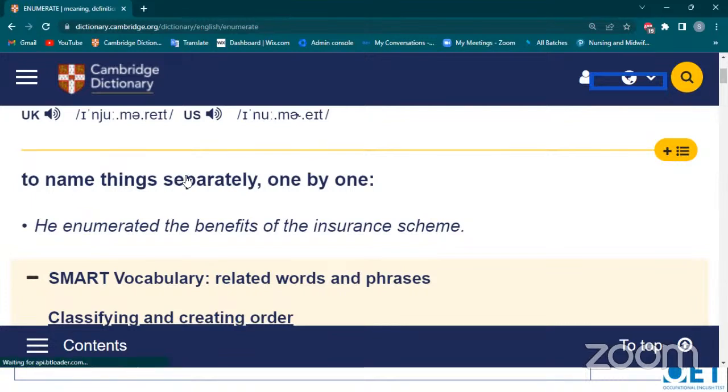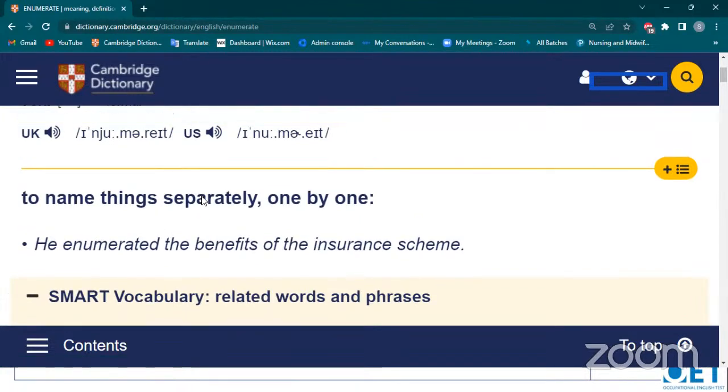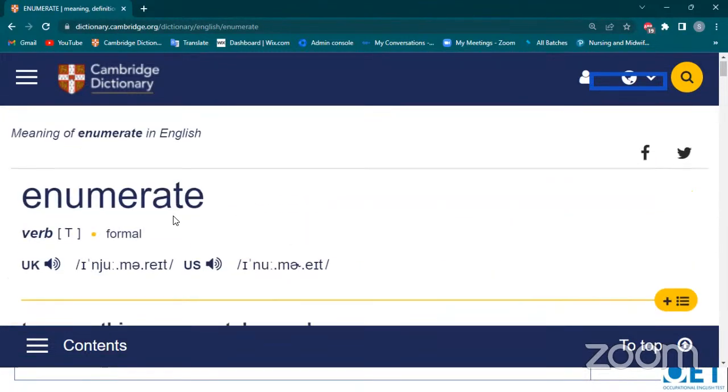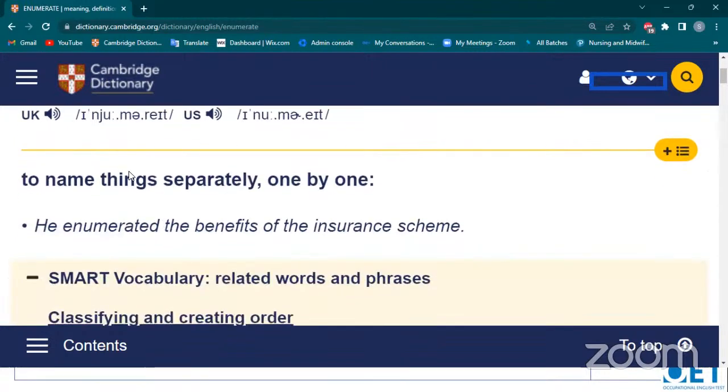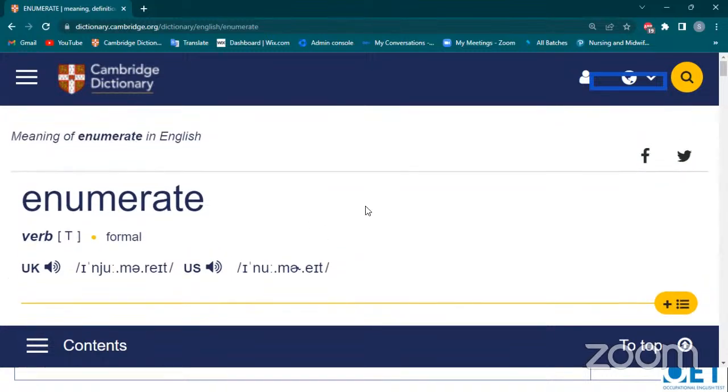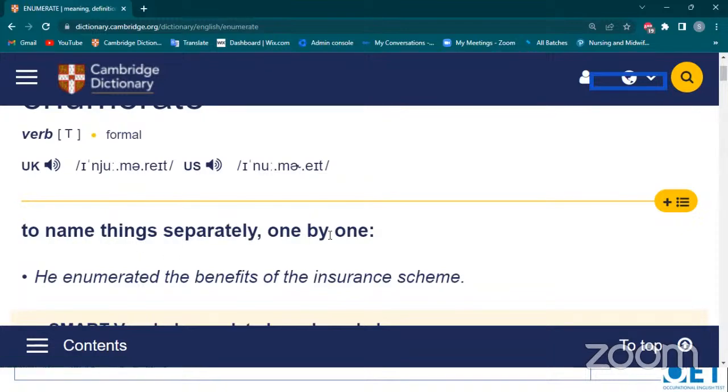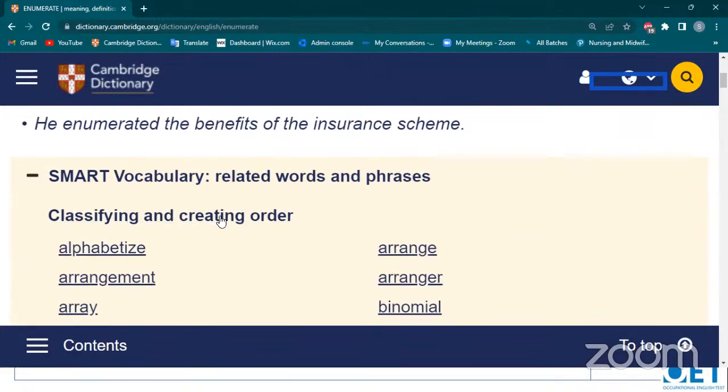To name things separately one by one. All the name means number. To make a list. Enumerate means enlist. Enumerate the things you need. I want books, I want pens, I want tables. So you write the names, books, pens, tables. You make a list of it. Enumerate means listing out things, to name things separately one by one.